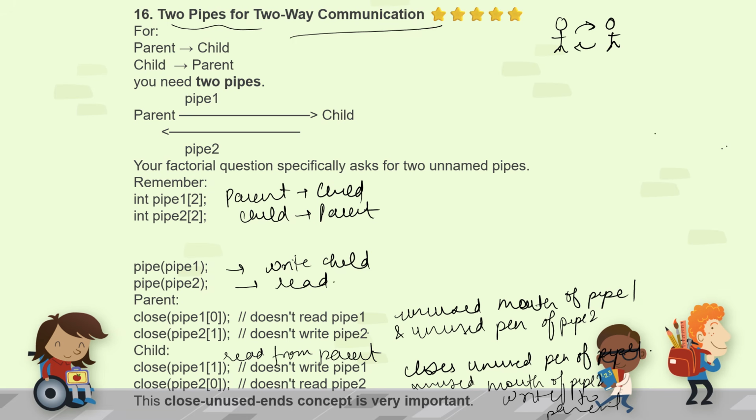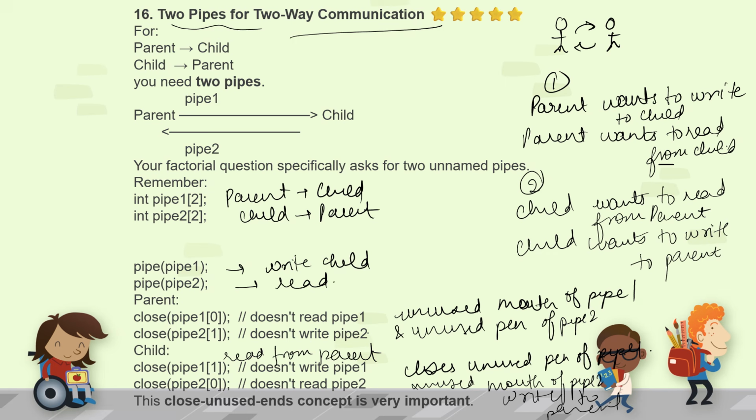Why is closing ends vital here? Because it's a two-way communication. Unused ends can often cause bugs, or the program could hang forever in this case. So this is the concept. I'll write this down for you.